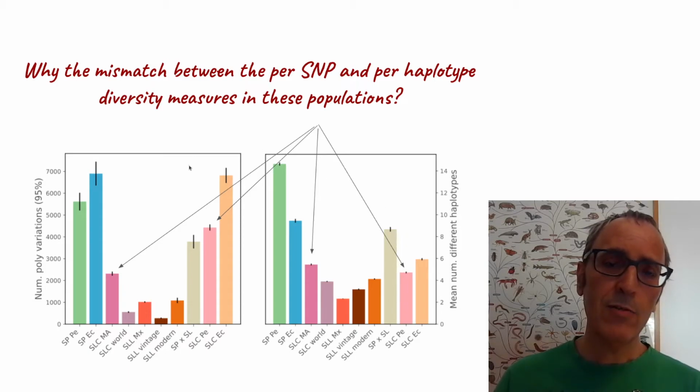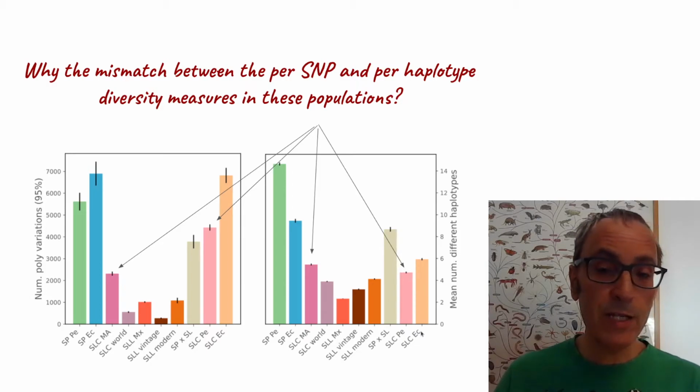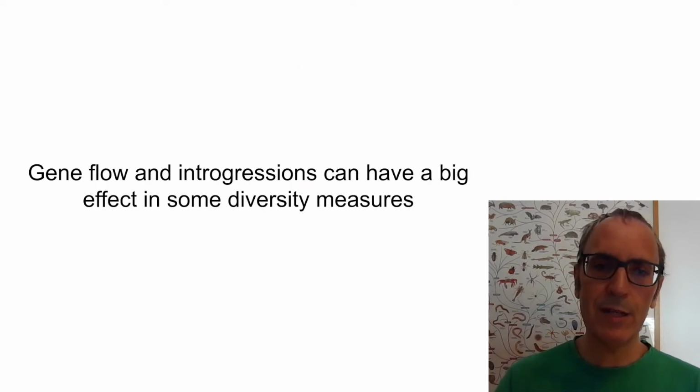So according to this measure, Ecuador looks like a highly diverse population, but according to this measure, Ecuador looks like a population that is not so special compared with Mesoamerica. So it depends on the measure, we get different results.